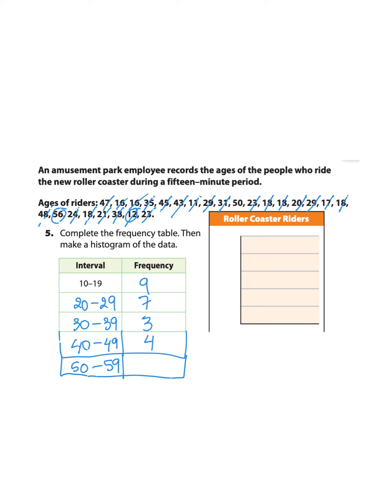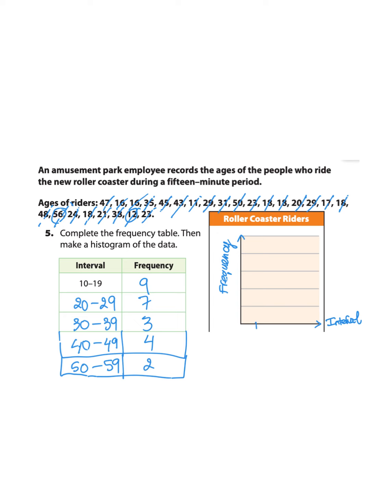Okay, now for this one, the horizontal axis will be the interval, and the vertical axis, or the y-axis, is the frequency. The x-axis is the interval. So let's break it out. You can zoom in bigger so you can write better.